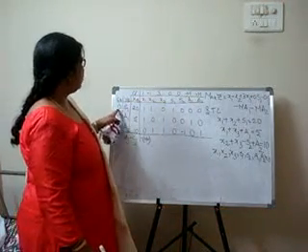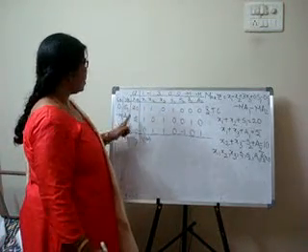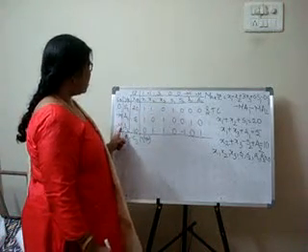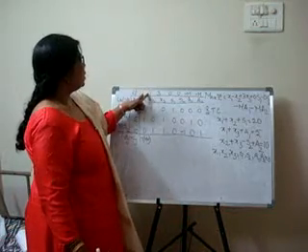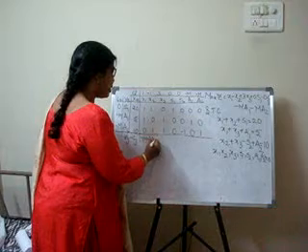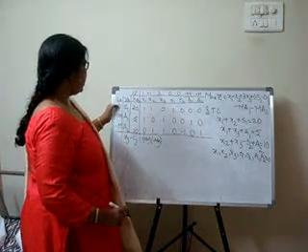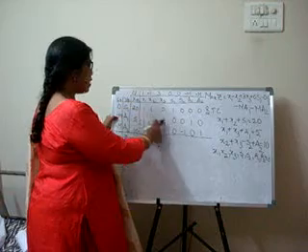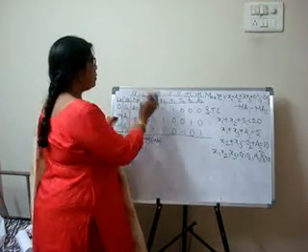Now the second one, first row will be 0 anyway, and the second one is M minus 0, 0. Minus M into 1 is minus M, minus of minus plus, minus M plus 1. The third one, minus M plus minus M, that is minus 2M minus 3.